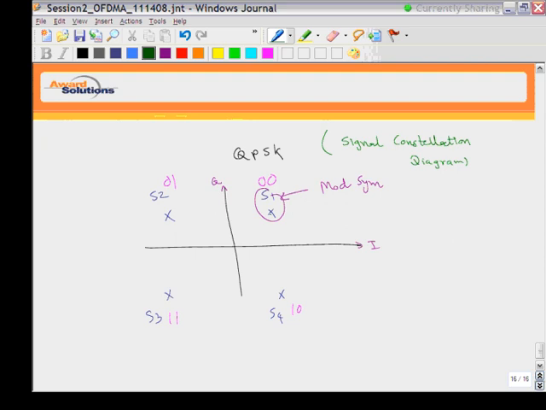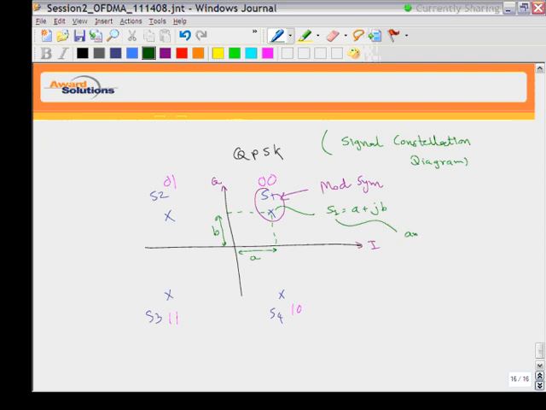Okay, so let's see how this symbol will look. On the x-axis is the I channel, let's say this is A. And the y-axis is the so-called Q channel, let's call it B. So S1 is nothing but A plus j times B. It's a complex number.